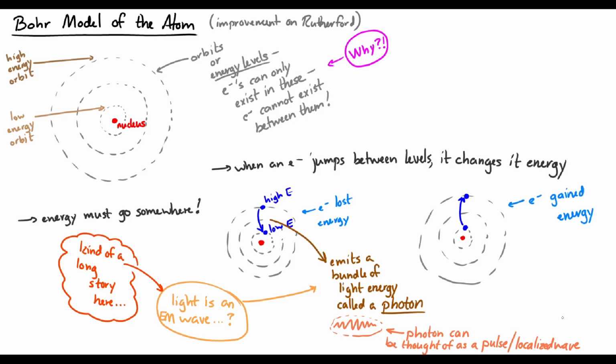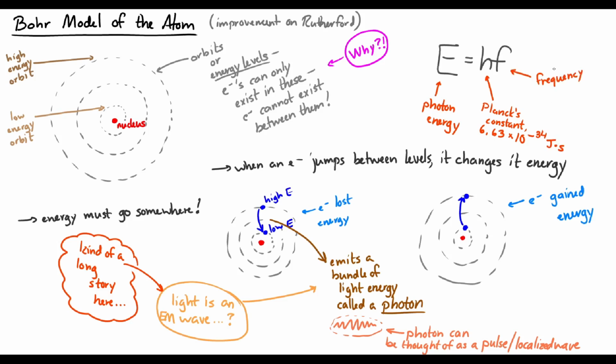And in this idea, that photon has this energy E, and that photon energy is equal to h times f, where h is something called Planck's constant, which is 6.63 times 10 to the minus 34 joule seconds, and f is the frequency of the photon's light.